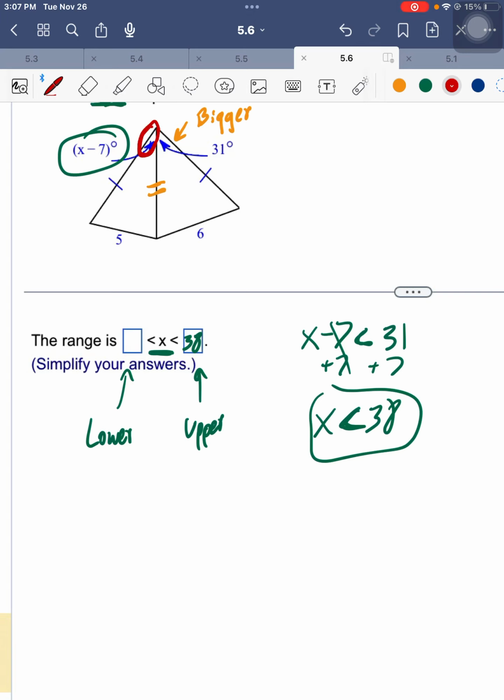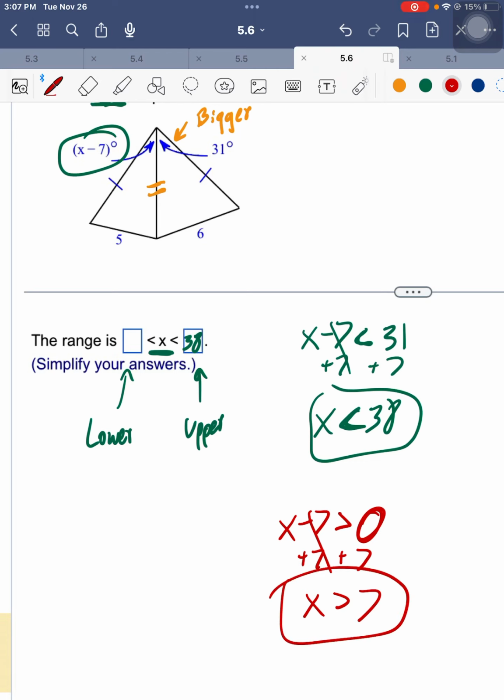What about the lower limit? What is the lowest degree that this angle could be, not including that actual degree? Well, 0. There's no such thing as a 0 degree angle. So I'm going to do x minus 7 is greater than 0. Plus 7 plus 7, so x is greater than 7.